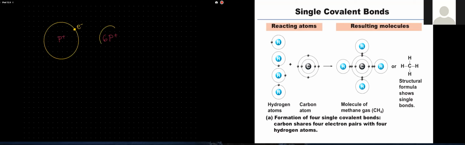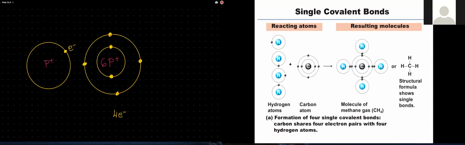So it's going to have 2, and then the outermost energy level, we're going to have 4 electrons. So how many electrons do I still need to become chemically stable? I need 4 more electrons.